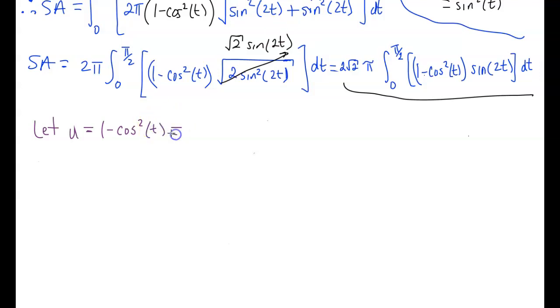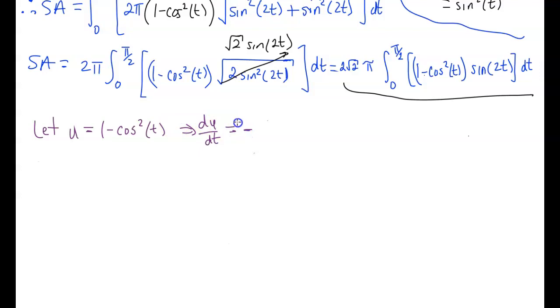Okay, so if that's the case, then we know here that if we take the derivative of 1 minus cosine squared of t, then this will be du over dt. This will be, of course, the derivative of a constant is 0.